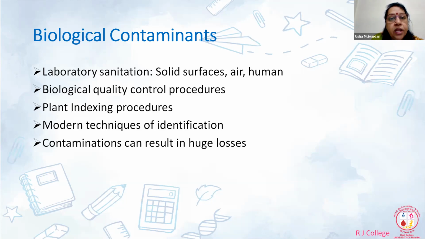So if there is a commercial lab, the inoculation area is a clean room area where there are many laminar airflows or transfer benches available. And then the incubation area is another clean area where the cultures are incubated.